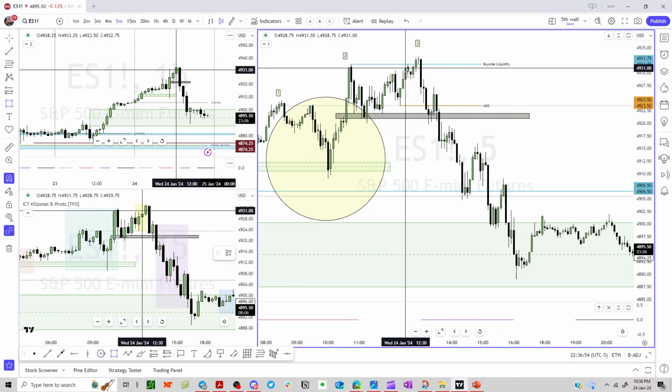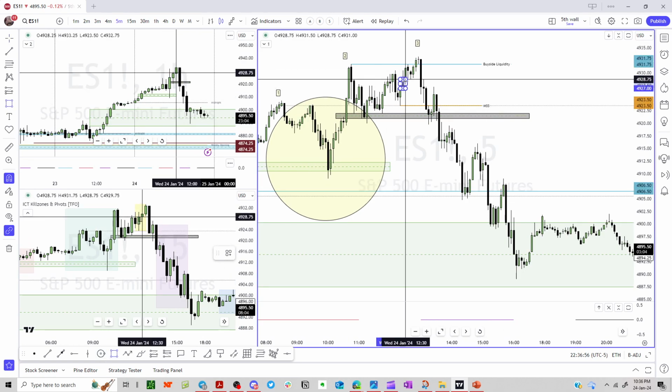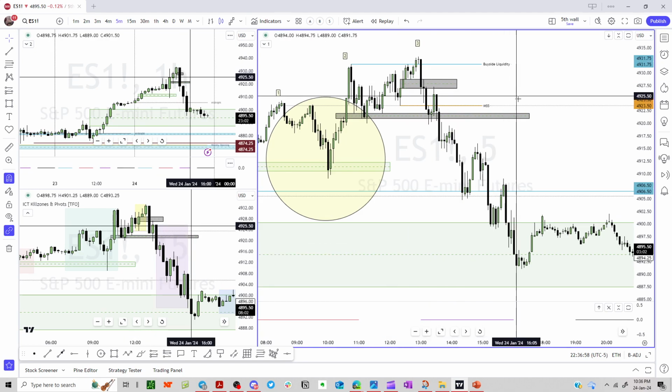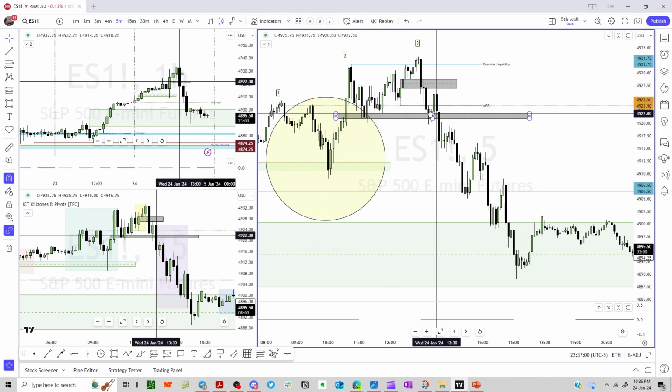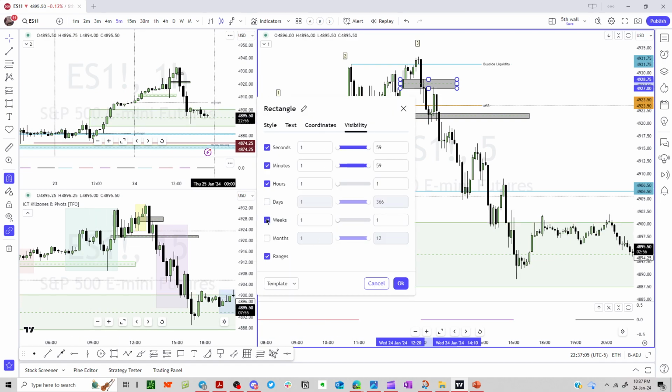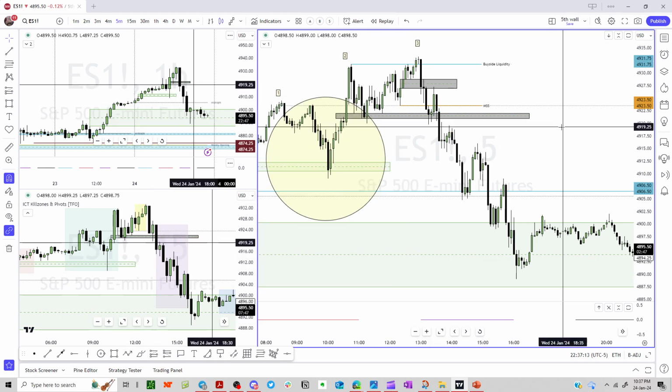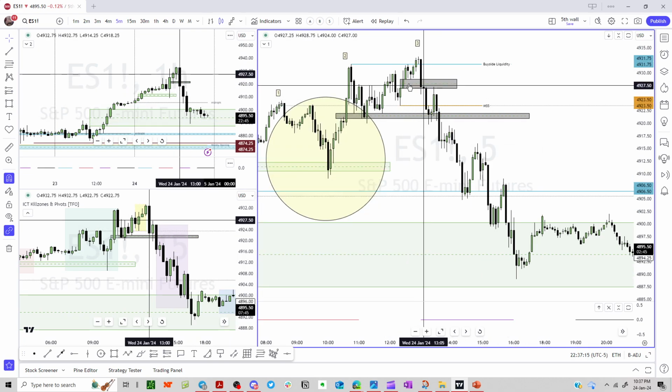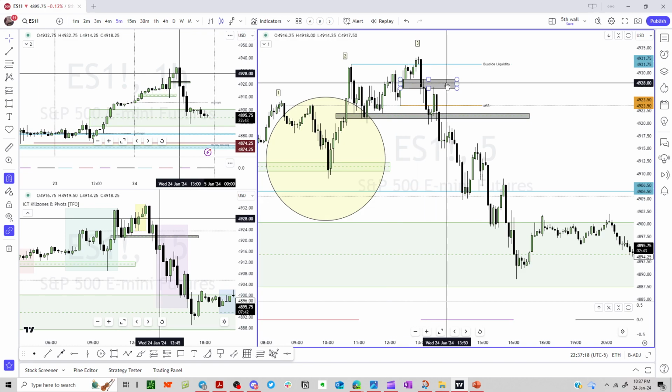You have one, you can see here, most obvious one, 5-minute time frame. And there you go. You have a retracement back into this inverted fair value gap.